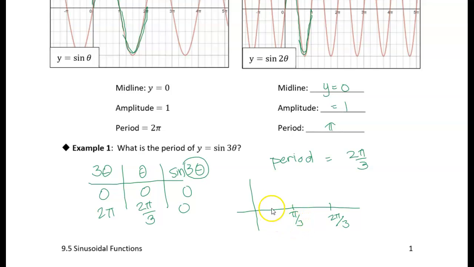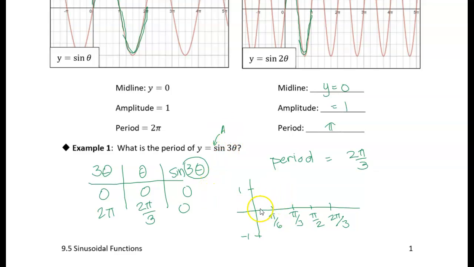Okay, and then half of that again is going to be pi over 6, and then half between pi over 3 and 2 pi over 3 is going to be the average of that. So that's 3 pi over 3, so it's pi over 2. All right, so if we wanted to sketch that, it's still going to go from 1 to minus 1, okay, because there's no amplitude, there's no a value, right? We learned there's no a value there, it's just an a of 1.